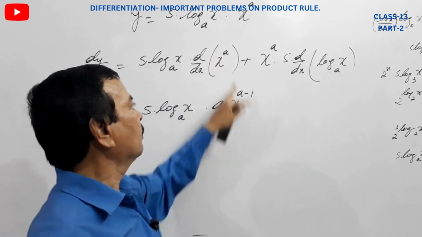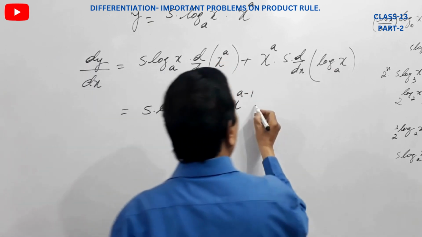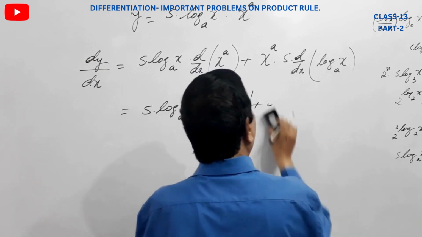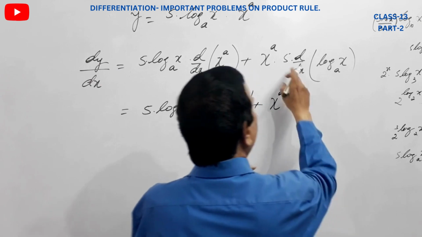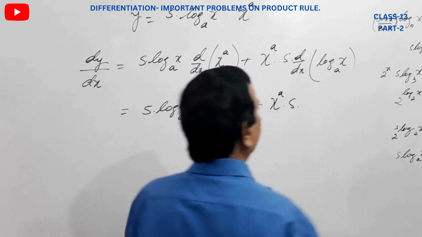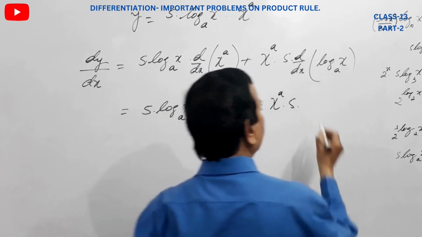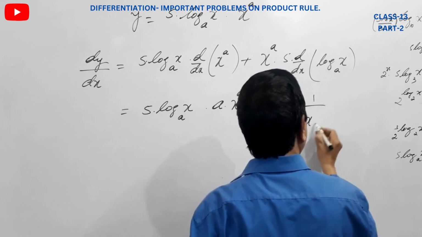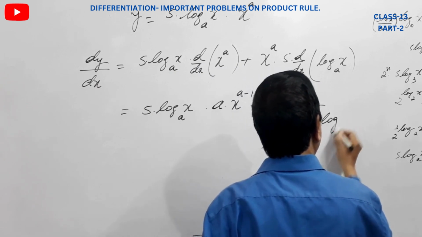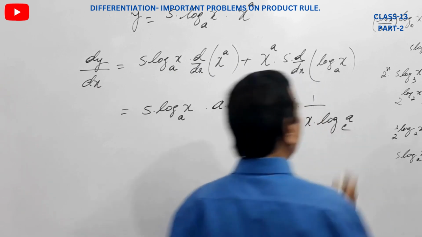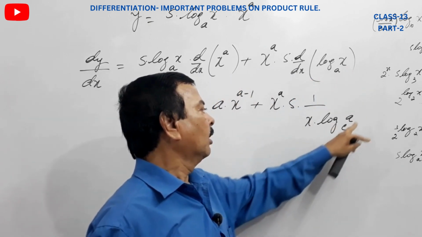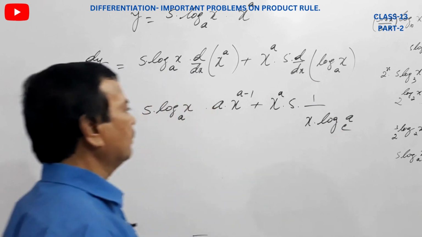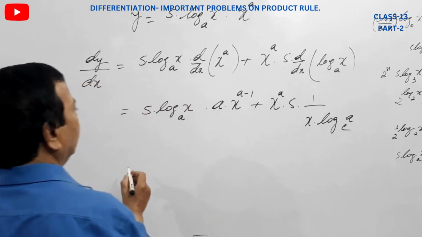So a into x to the power a minus 1 plus x to the power of a into 5. Log x to base a is nothing but 1 by x log a to base c. So log x to base a becomes 1 by x log a to base c. So the problem is over.